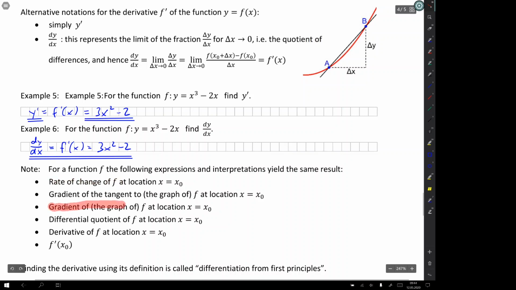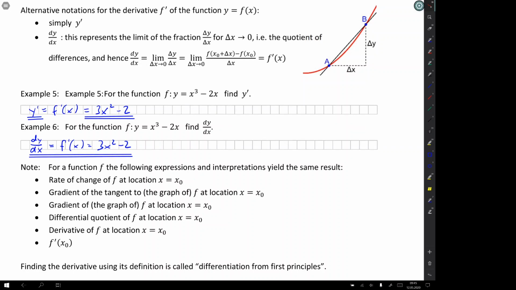The gradient of the graph of f at the location x equals x0, well, that's the same like the gradient of the tangent by definition. When we say we want to know the differential quotient of f at x equals x0, or the derivative of f at x equals x0, we can always write that just as f dash of x0, or as we said before, y dash at x0, or dy by dx at x0.